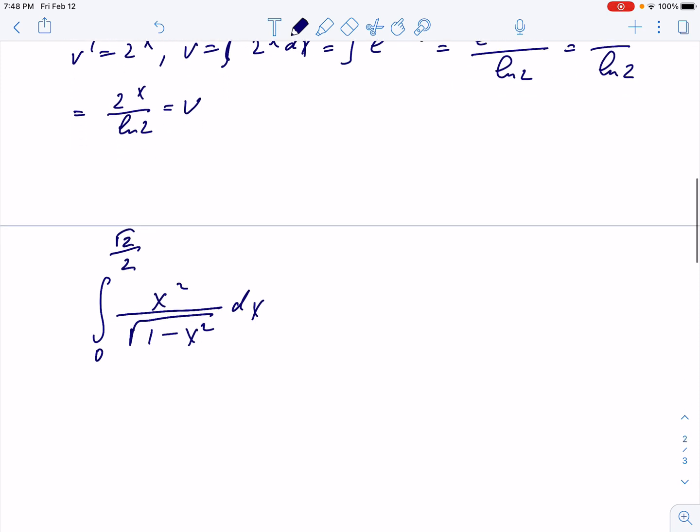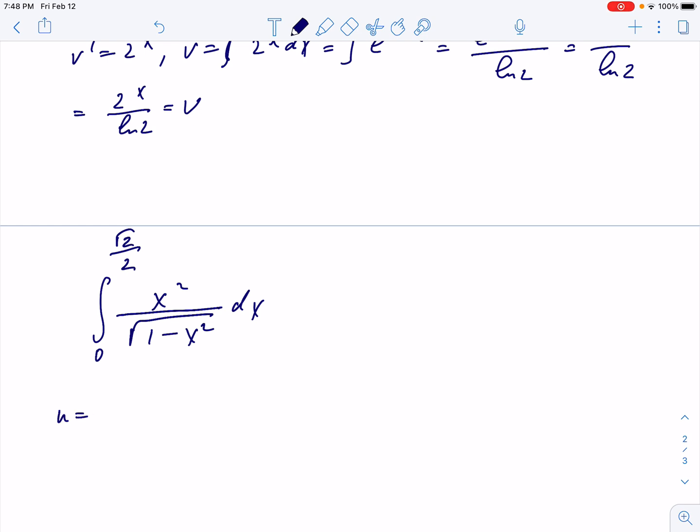Okay, what about this integral? When you look at this radical, square root of 1 minus x squared, the natural thing is to think we can do two things: either regular u substitution or trigonometric substitution. Regular u substitution will not work because of this x squared on the top. Let me show you quickly.